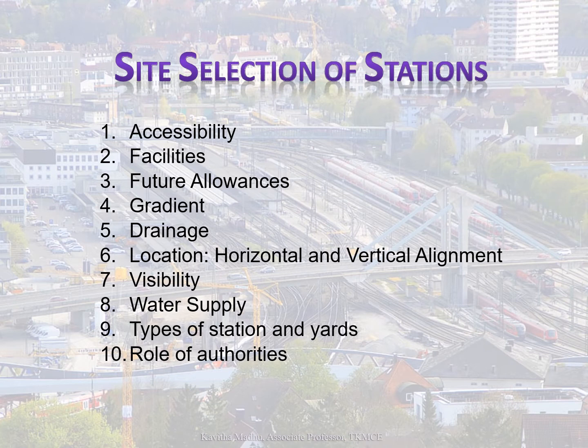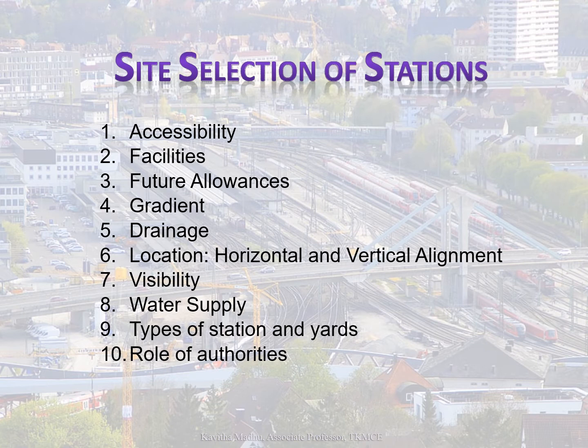Steep gradients may cause the wagons to move even when not in operation due to high wind velocity and may result in accidents. So we prefer a minimum gradient at the stations, and we also have to consider drainage. The site should have good drainage facility, and the minimum gradient of 1 in 1000 is recommended in station yards for this purpose.